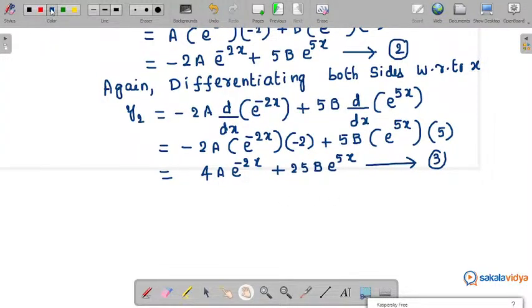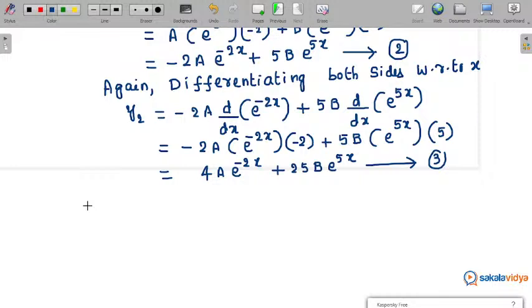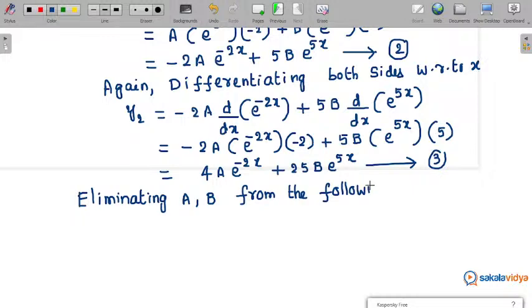Okay, now eliminating a, b from the following equations 1, 2 and 3.